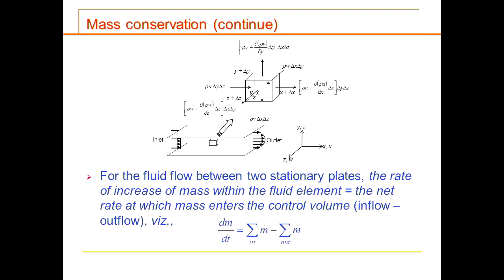Okay, so we all know that the mass flux at this face is rho u times the area of this face. I will just call it Ax for now, but what is Ax? It is actually dy times dz. So this actually equals rho u dy dz, right?